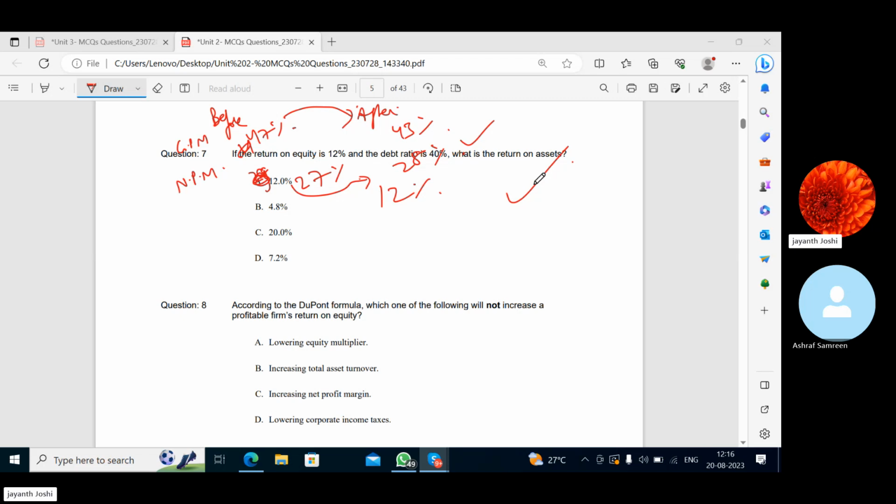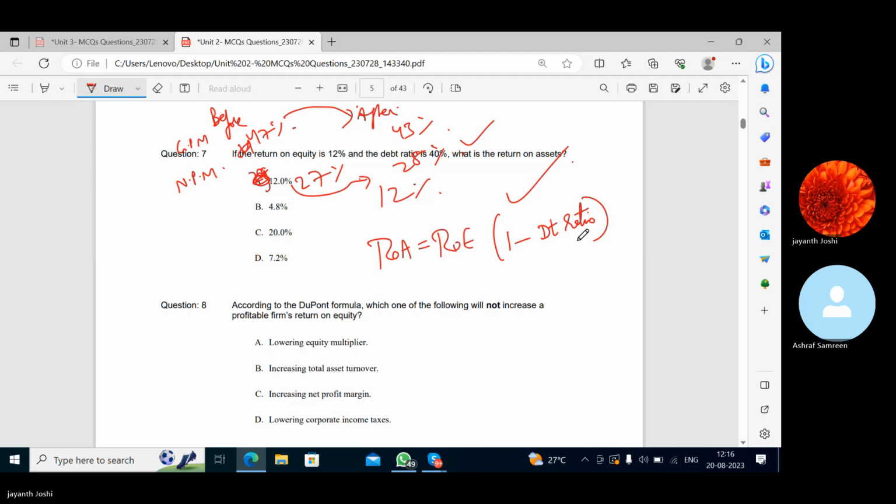So there is a formula. Return on assets is equal to, since data is of such kind, return on equity into 1 minus debt ratio, right? You gave the formula in class, you explained.